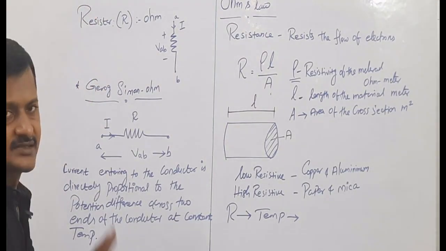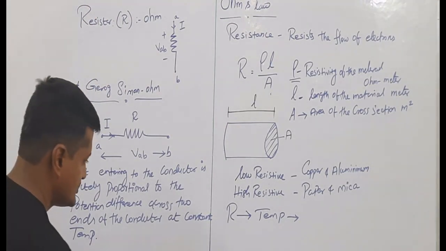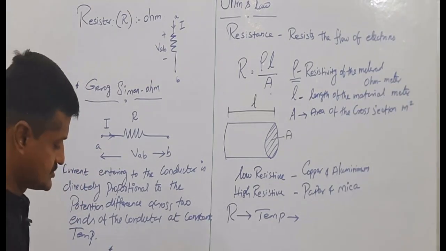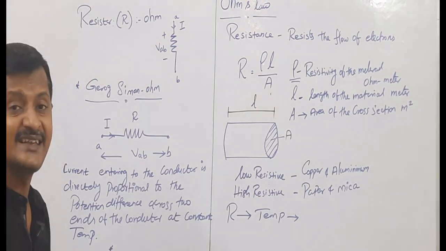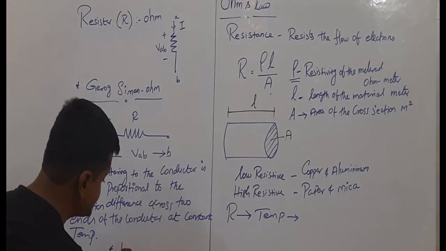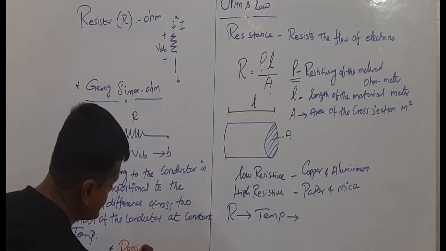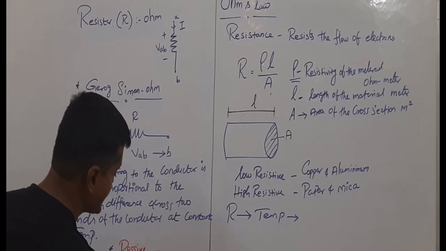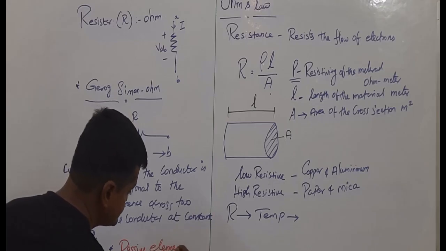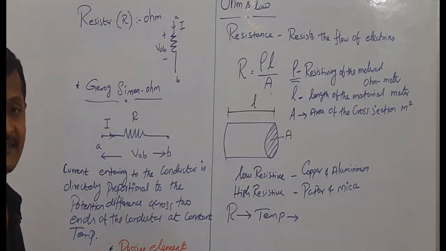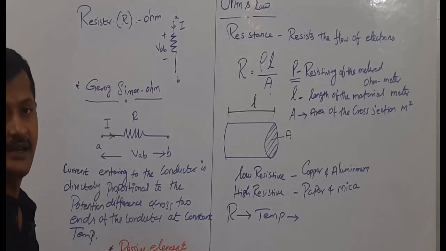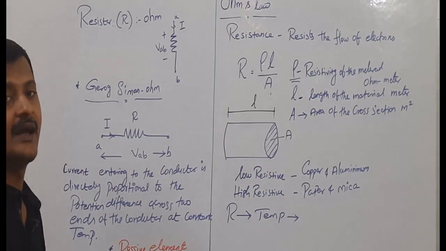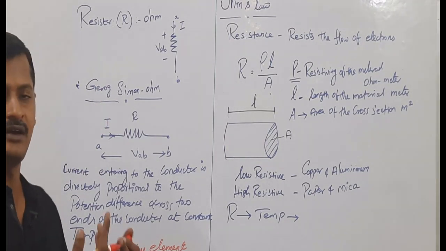Next, the property of the resistor. Resistor is a passive device, a passive element. It will not generate any current, it will not amplify the power.